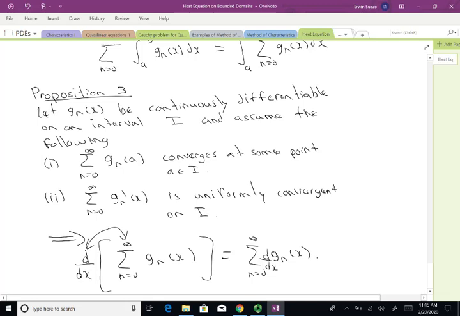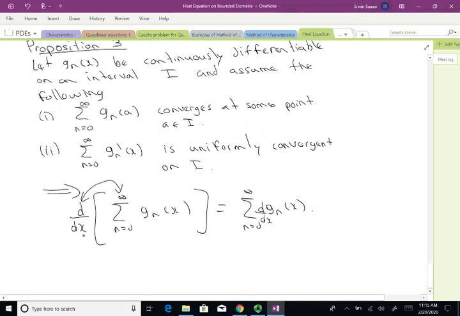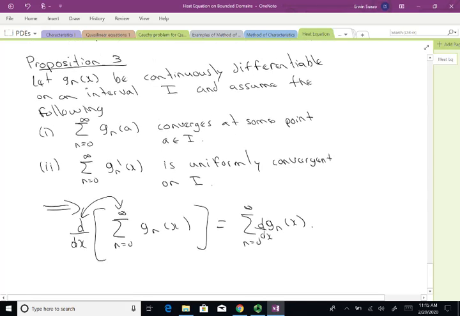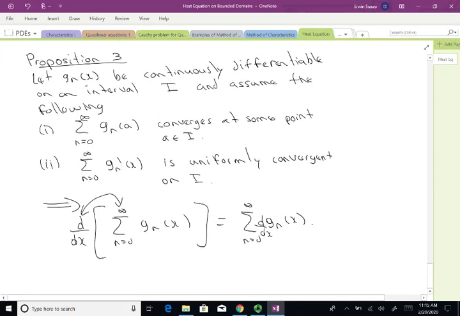So let's say you want to work on the derivative with respect to x. We had to find this.